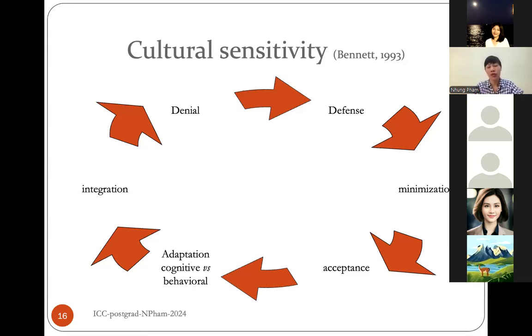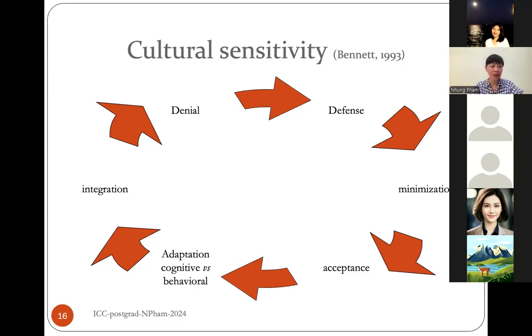And then you come to a stage where you start to accept that people in different cultures behave differently. And from that acceptance, you start to develop your sensitivity towards cultural differences. You come to an understanding and awareness that cultures can be different, and so people who come from different cultures may behave differently.